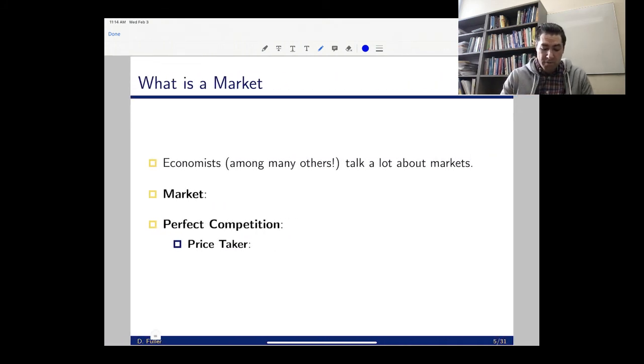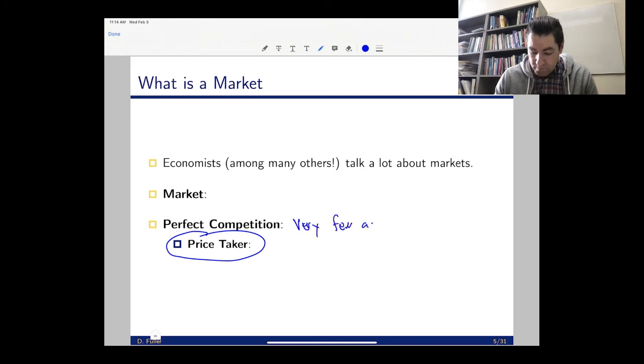So the key part of this definition is that buyers and sellers are price takers. So when I buy the good in a perfectly competitive market, there's nothing I can do to influence the price. Same thing is true on the seller side. Now, it's worth noting that there's very few actual examples of a perfectly competitive market. The one I used, apples, is one such example, right? So the market for agriculture is one.